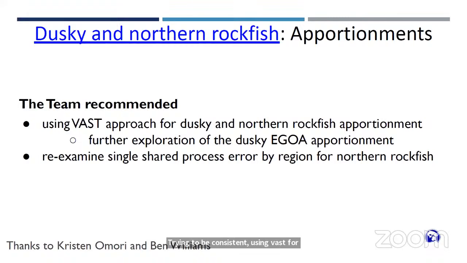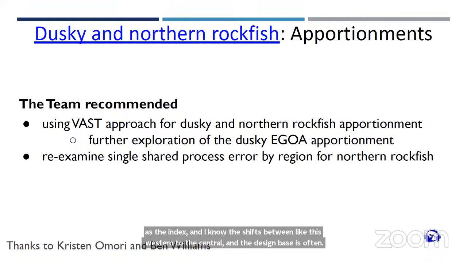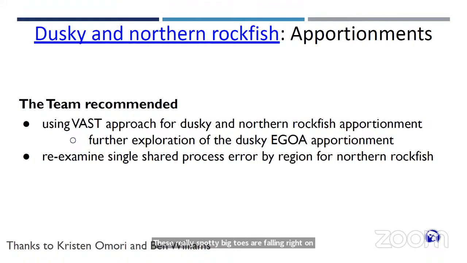And I know the shifts between the Western and the Central in the design based are often these really spotty big tows falling right on those lines and can go back and forth, where the VAST smooths it out. But in terms of your question, I don't know the answer in terms of magnitude of VAST versus design based. I see that Ben is online. If you have anything to add to that, go ahead.